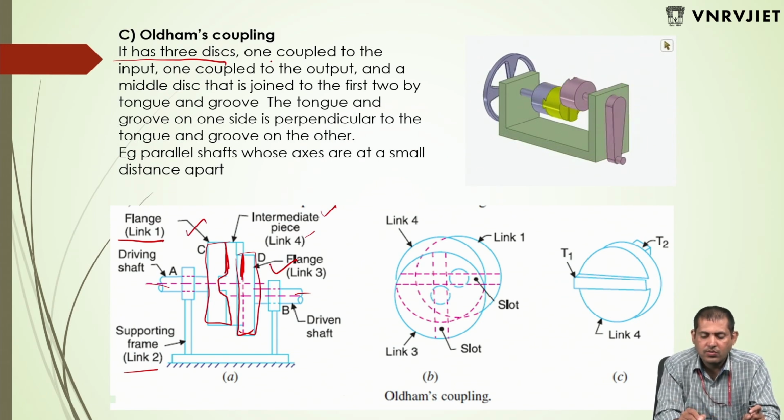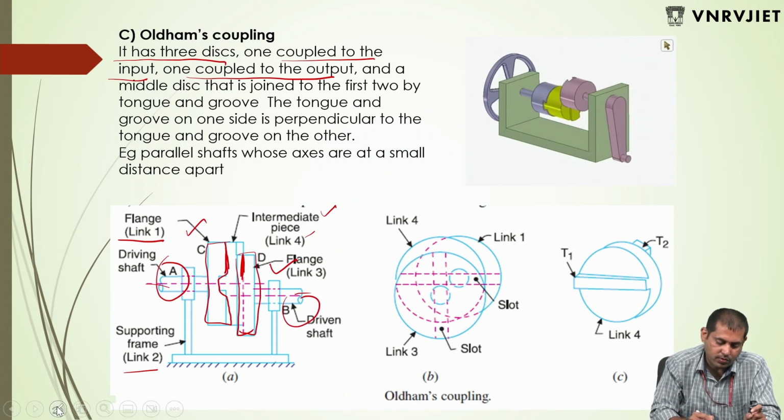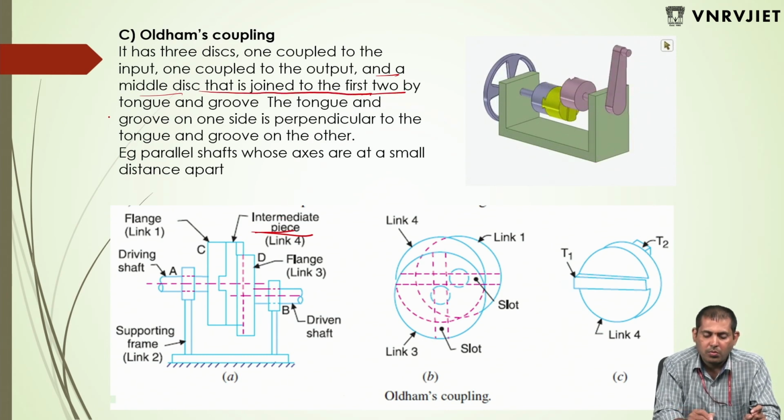It has 3 discs, one coupled to the input and one coupled to the output. This is your driving shaft, this is your driven shaft, input and output, and a middle disc. The intermediate piece, the middle disc, is joined to the first 2 by tongue and groove.